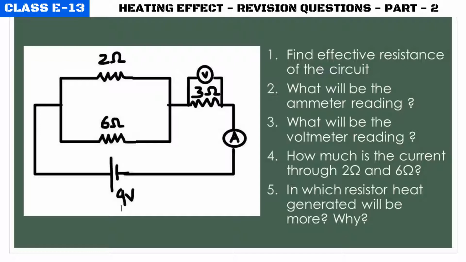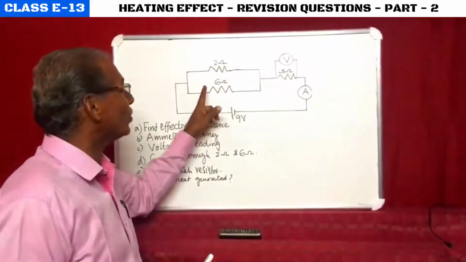What will be the ammeter reading? Then what will be the voltmeter reading? How much is the current through the 2 ohm and 6 ohm resistors? Lastly, in which resistor will the heat generated be more? Why? So this is the question.